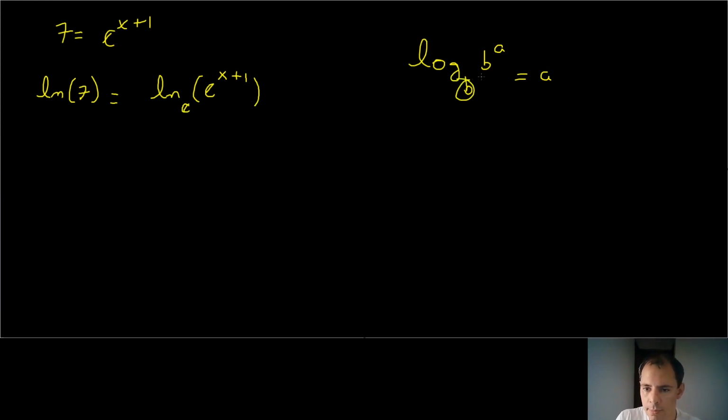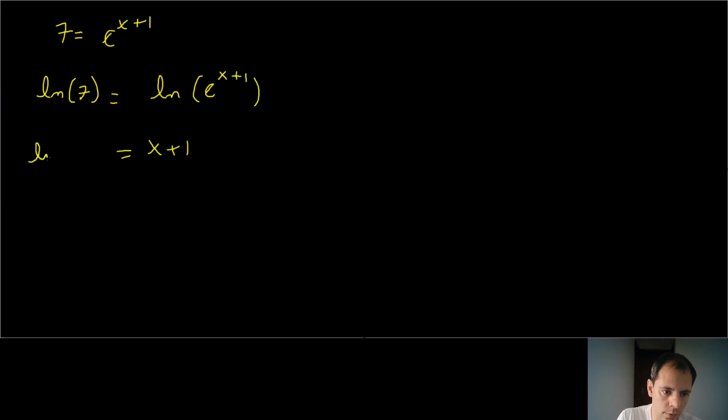So this base and this base are equal, and everything equals the exponent. So x plus 1 equals the ln of 7. Therefore, x equals ln of 7 minus 1, which approximates to 0.946.